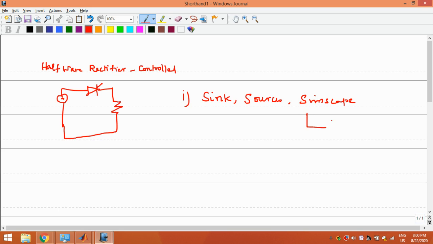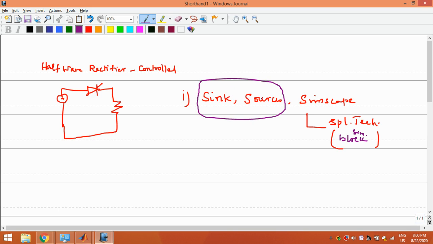Under Simscape, you have specialized technology. Under this only, you have all your electrical simulation blocks. So these are the things that you need.